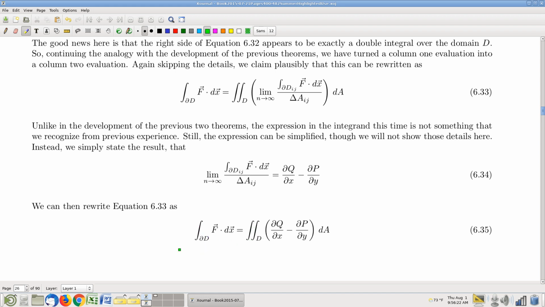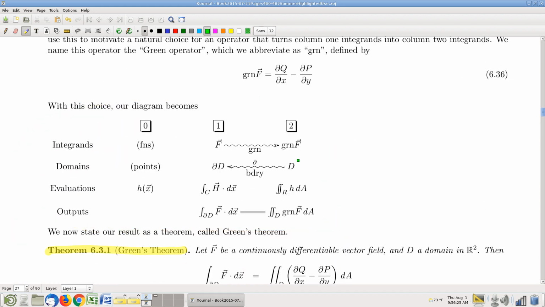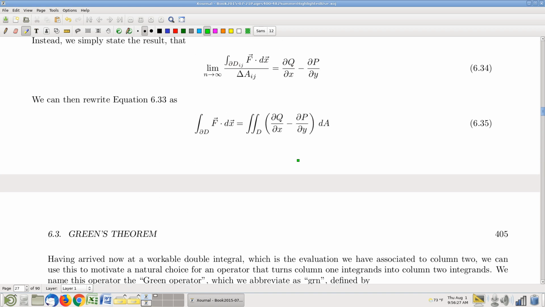Okay. All right, so let's write this down as a theorem. Oh, by the way, this little formula right here, very often in books it just gets written exactly like this: dq dx minus dp dy. And that's fine, that's what it is. But this expression comes up a lot, and there's a lot of syllables in dq dx minus dp dy.